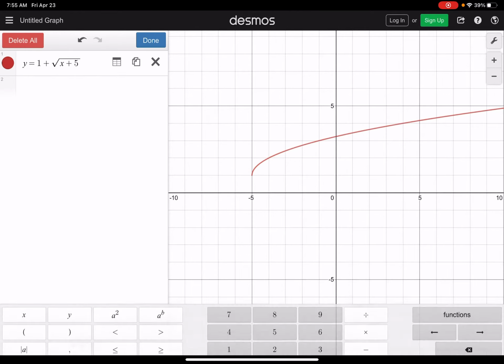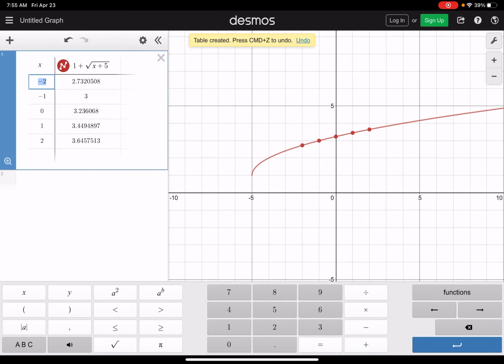I clicked the gear to the table, and then I typed in the values I wanted, which were -5, -4, -1, 4, and 11. So it looks like my values are 1, 2, 3, 4, 5.